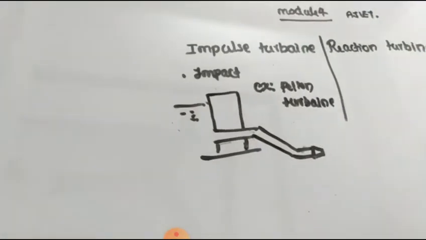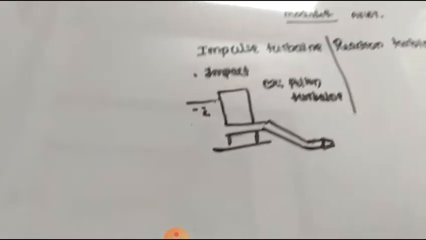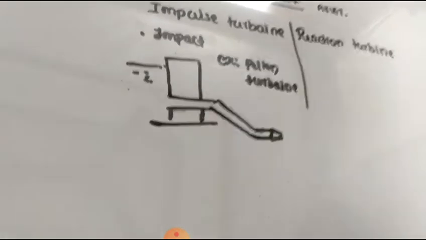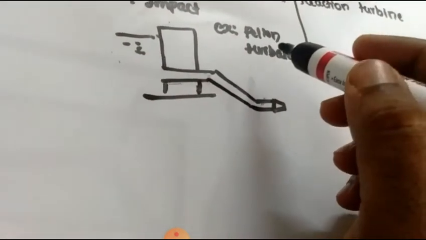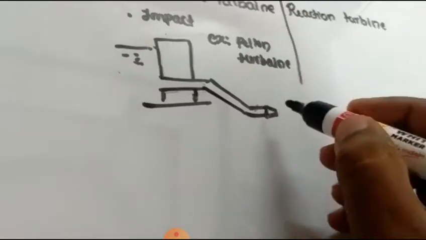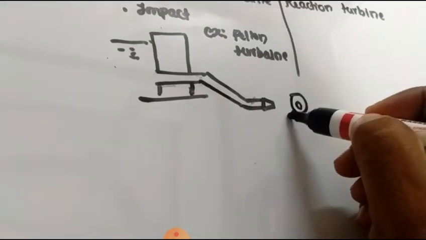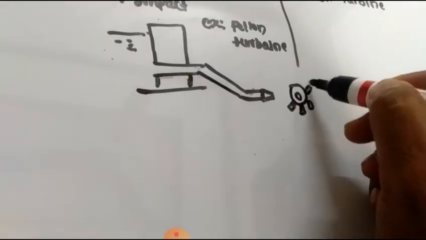The name itself is from the scientist Pelton, who found the Pelton turbine. For example, in Maharashtra there is the Koyna river and Koyna dam, where they use the Pelton turbine. This is the runner, and these are the buckets connected to the runner.